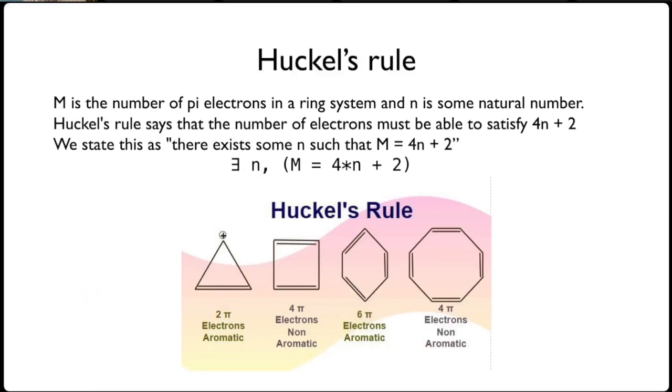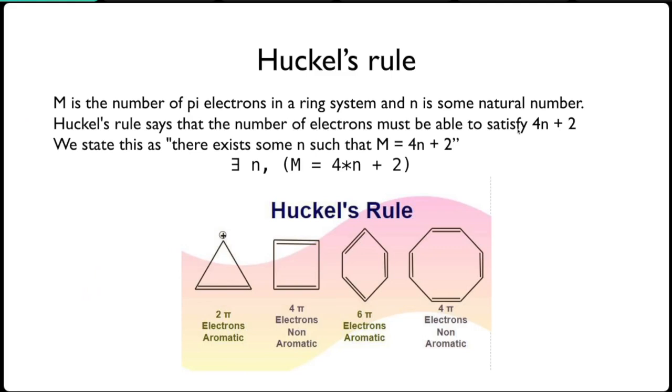Each double bond has 2 pi electrons. So the number of pi electrons in a ring system is m, and n is some natural number. So Huckel's rule says the number of pi electrons, I should have on the slide, must be able to satisfy 4n plus 2. That's sort of a natural language way of saying it, but what do you mean by you must be able to satisfy this? Okay.